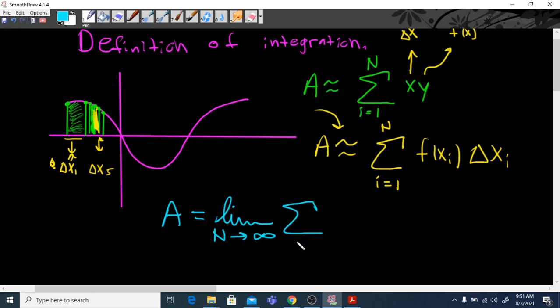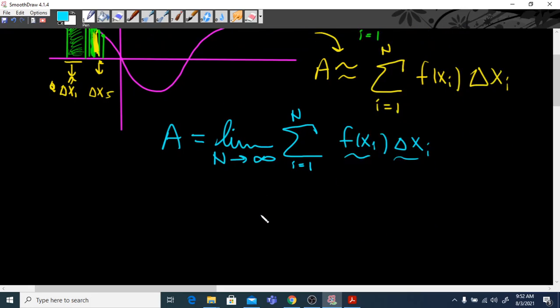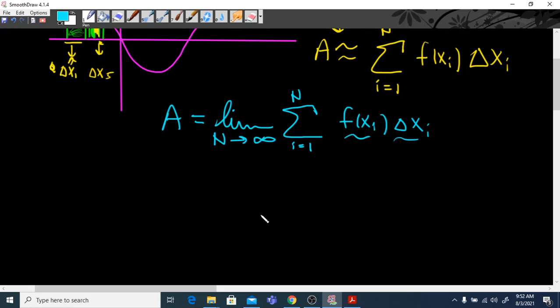And then what are we adding up? We're adding the area of these rectangles. So here we have multiplication, and then we're adding, and then we're taking a limit. So fundamentally, what we have is integration.